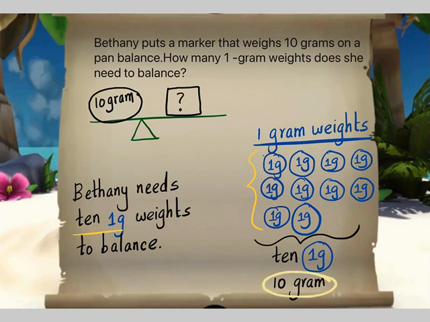So Bethany needs ten 1 gram weights to balance the scale.